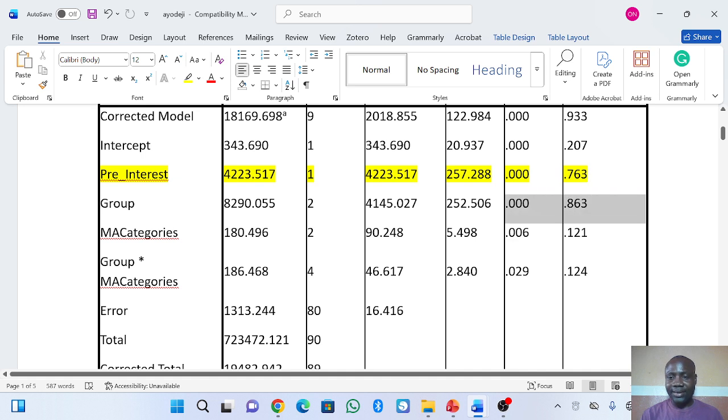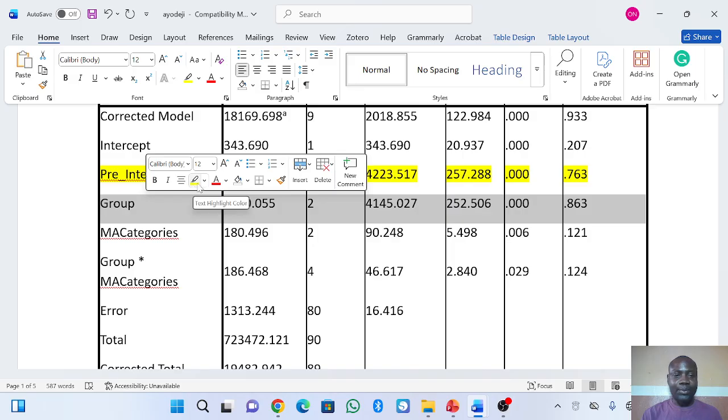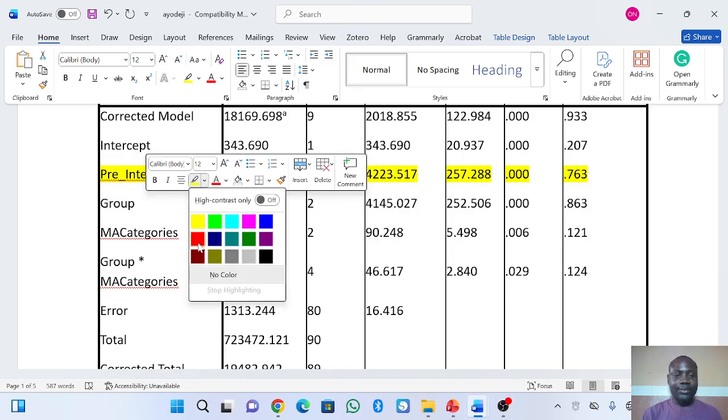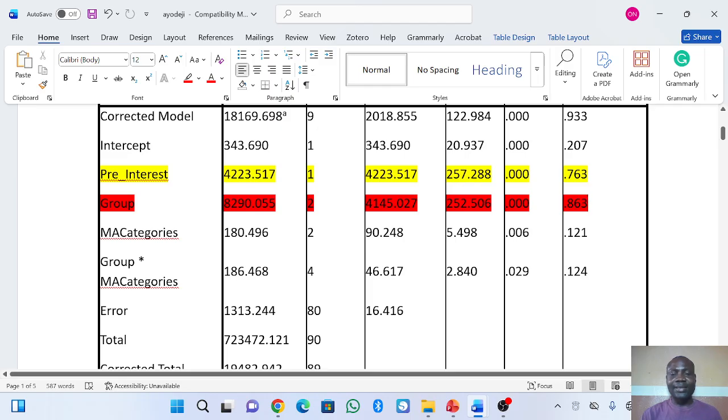Next to that is the group. This is checking out, through the F test, whether the groups have significant differences among them. You will notice that the p-value obtained is less than 0.05 and the partial eta squared is 0.863.